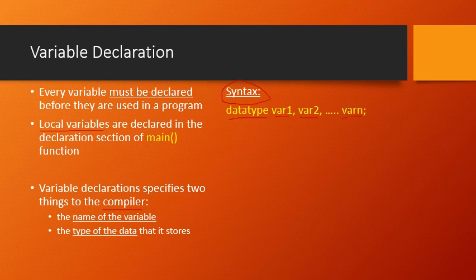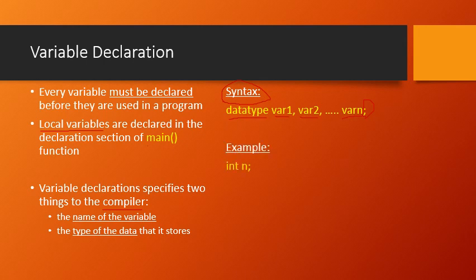If there are many variables, each of them is separated by a comma, up to as many variables as we want, and the statement should end with a semicolon. That is very important.